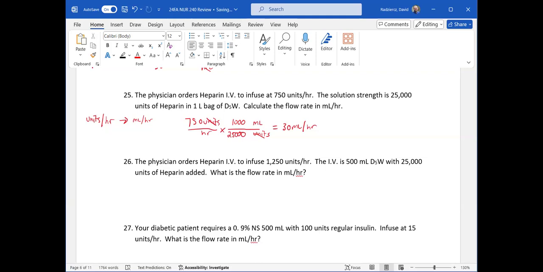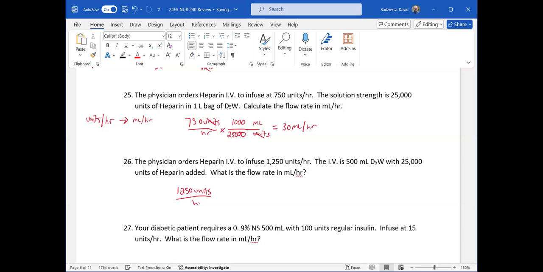I'm going to do the same thing for this. It's basically the same question. It's just that they changed the units per hour and the milliliters in the IV bag. For me, I always start off with this. If you prefer to do this a different way, that's perfectly fine.